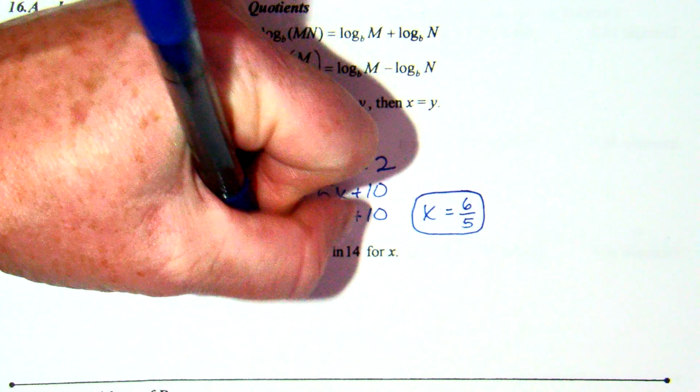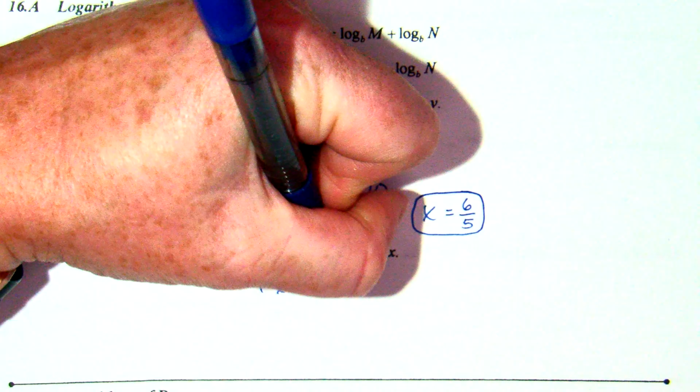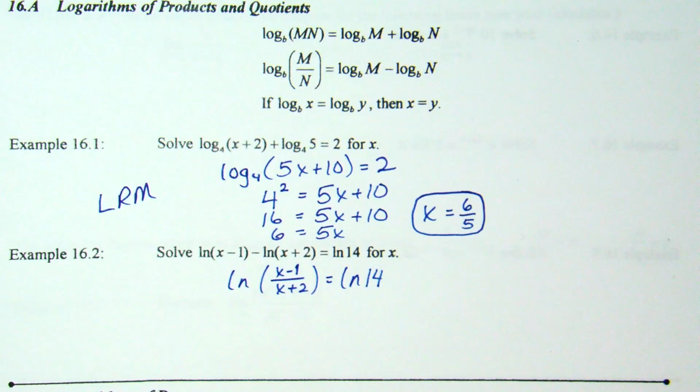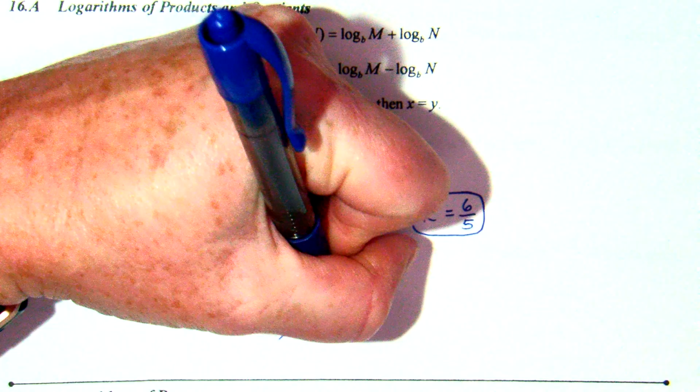So natural log of x minus 1 over x plus 2 equals natural log of 14. Drop the natural log. Okay, they're both natural logs, which by default means equal bases. So we can drop off the logs and just have x minus 1 over x plus 2 equals 14.